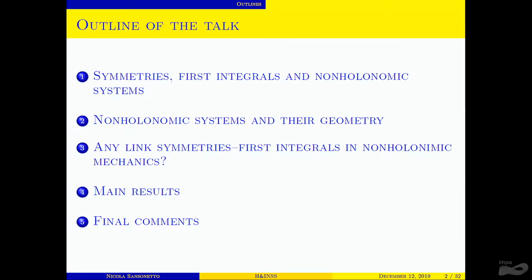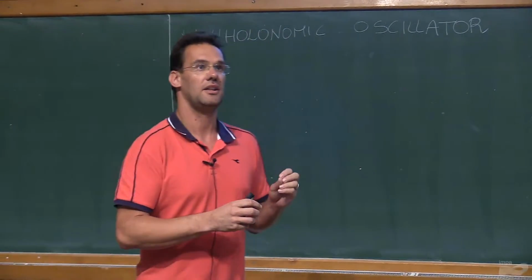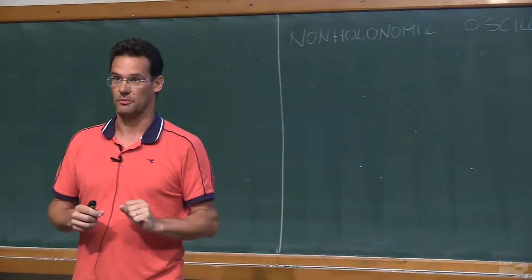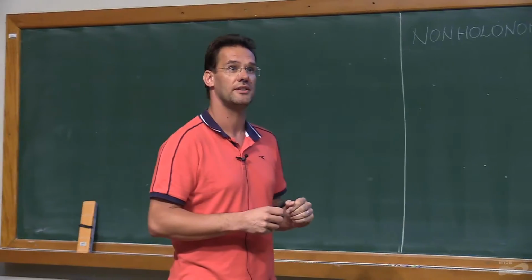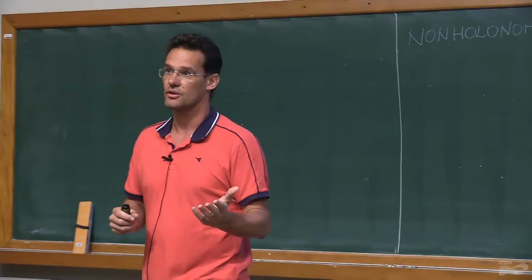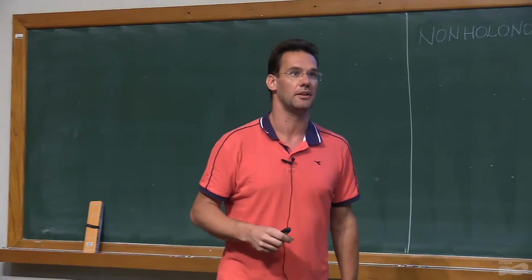Then I will define properly this kind of system, and I will state the main result, that is exactly to show that this kind of link between symmetries and first integrals can be present also in this environment. And then I will deduce two main consequences, that is the Hamiltonization of these kinds of systems and also their integrability, in the sense that I will be precise about later.